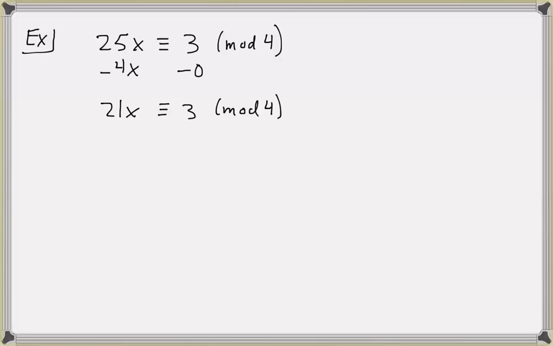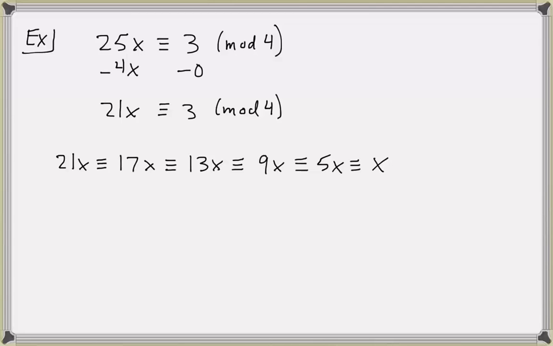If I keep reducing by 4, 21x is congruent to 17x, which is congruent to 13x, which is congruent to 9x, which is congruent to 5x, which is congruent to 1x, or just x.